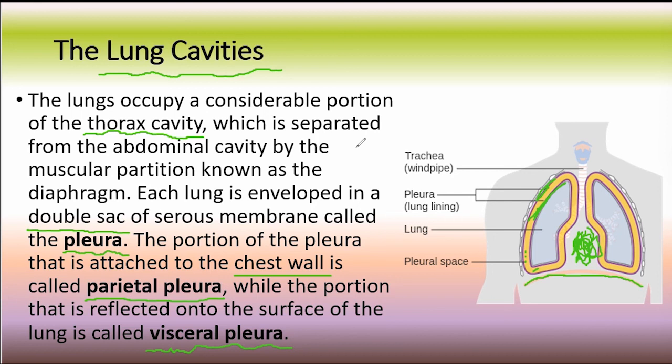This part is very important for our respiration because between these two layers there is negative air pressure. That makes it easy for people to inhale, and we can take air in.